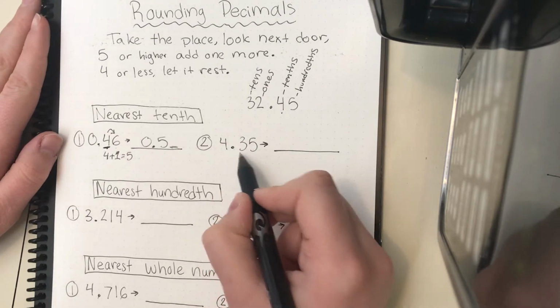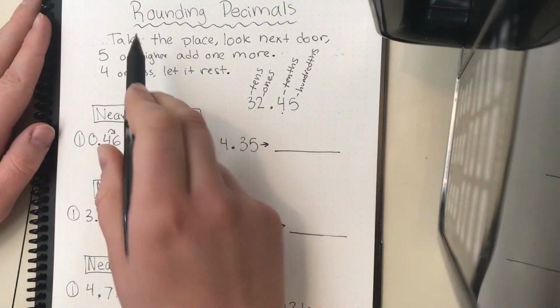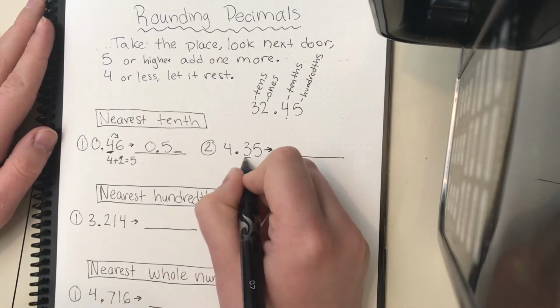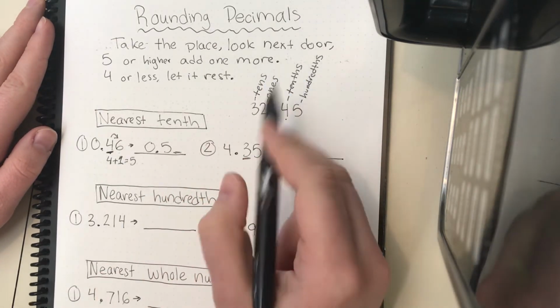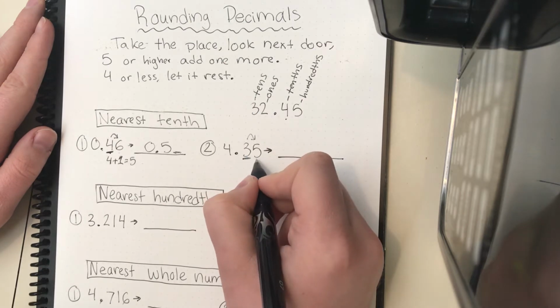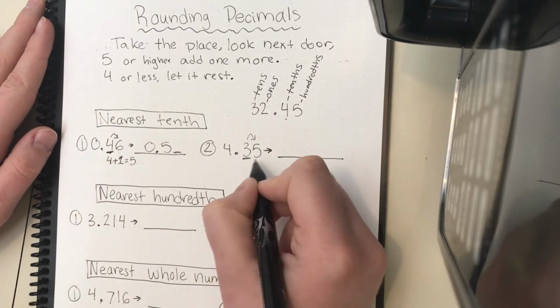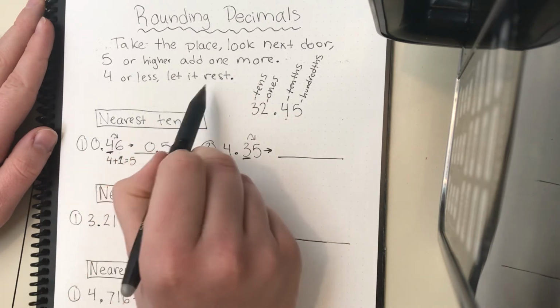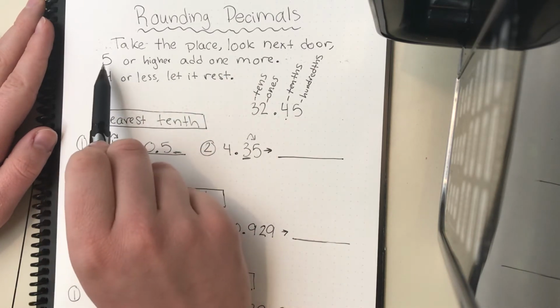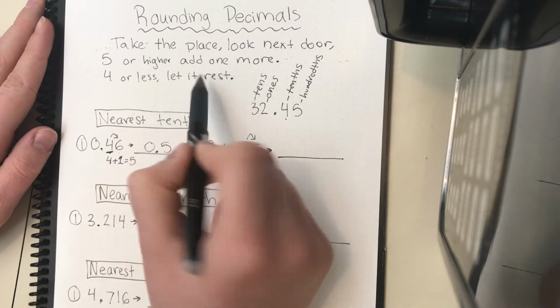Next, we have 4 and 35 hundredths. Take the place. A 3 is in our tenths place. Look next door. A 5 is next door in our hundredths place. 5 or higher, add 1 more. 4 or less, let it rest. Well, it is a 5, so 5 or higher, add 1 more.